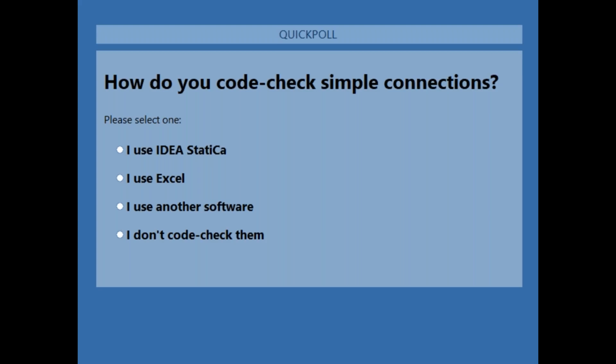If you use for this your IDEA StatiCa software, or if you have some kind of Excel sheet prepared for that, or if you use, let's say, another software, more simple one probably, or whether you don't co-check them at all, if you work with only, let's say, complex joints, or you just use some spreadsheets for the very simple ones. Okay, couple more seconds and we're good to go.